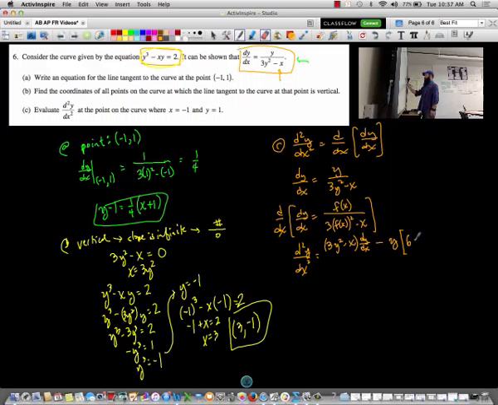So this would be 6y dy/dx minus the derivative of x with respect to x, which is 1, all over low. So that'd be 3y squared minus x quantity squared. Now this thing looks kind of intimidating, but I want you to know it's just a bunch of arithmetic, right? So I want to plug in x equals -1 and y equals 1.